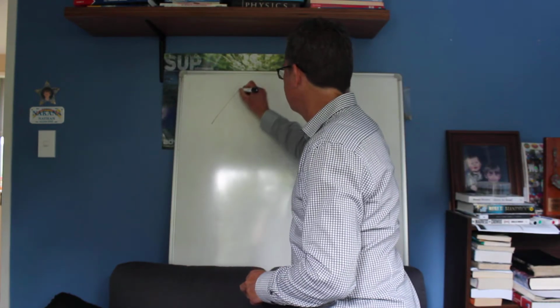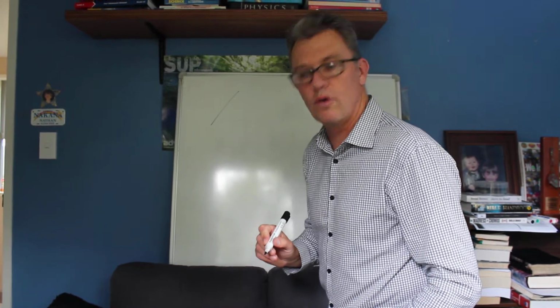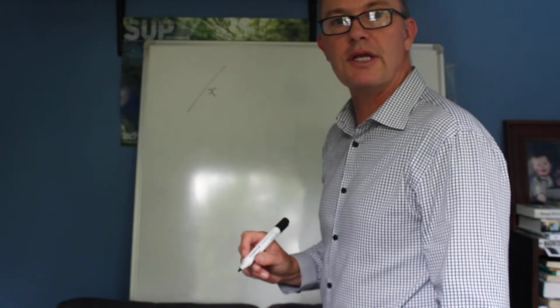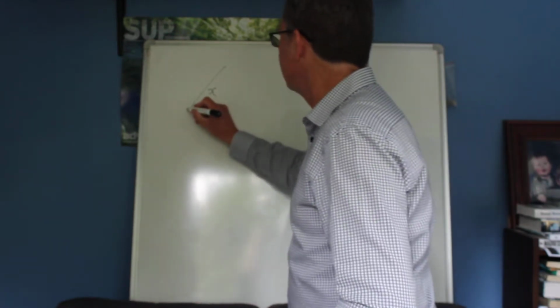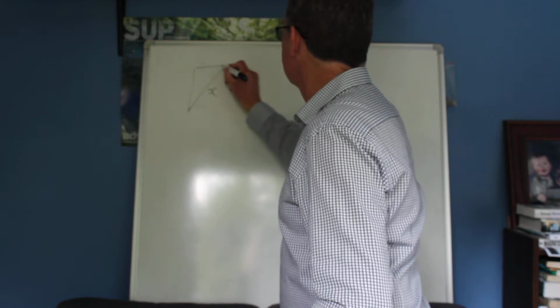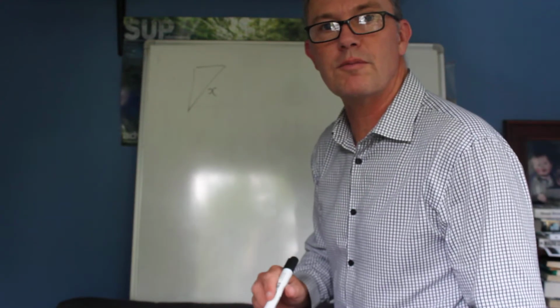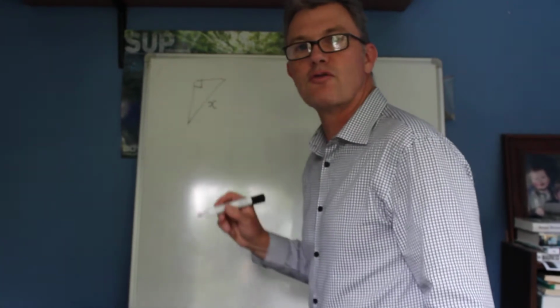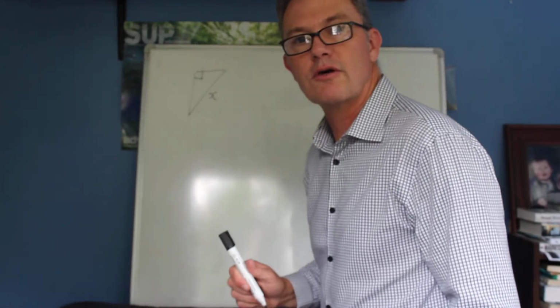So, here is a vector. We could call it, I don't know, x. If you split x into components, the only important thing to remember is they must be at right angles. That shows it's a right angle. It doesn't look much like a right angle.